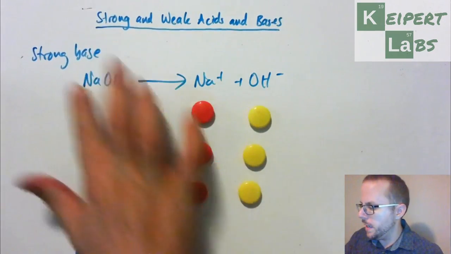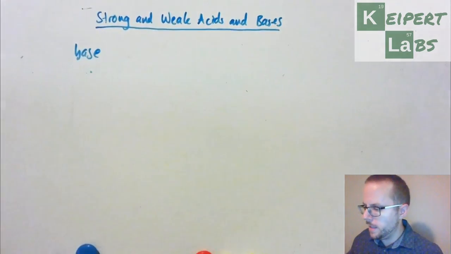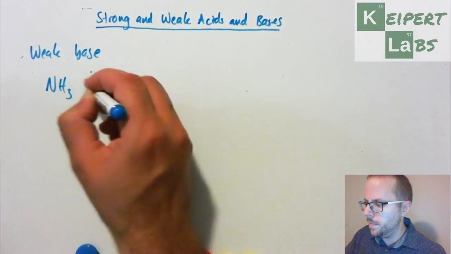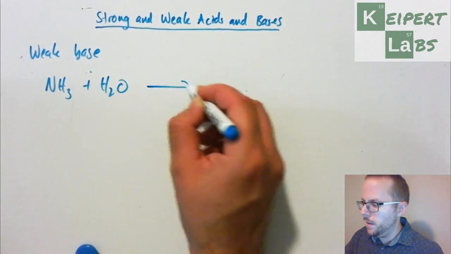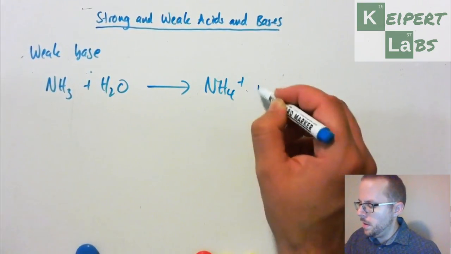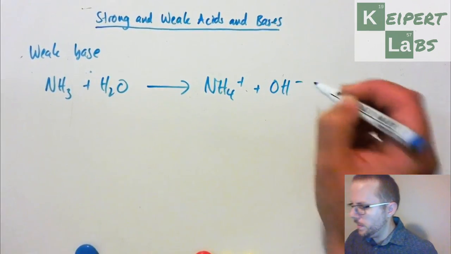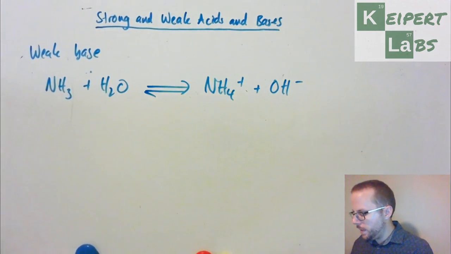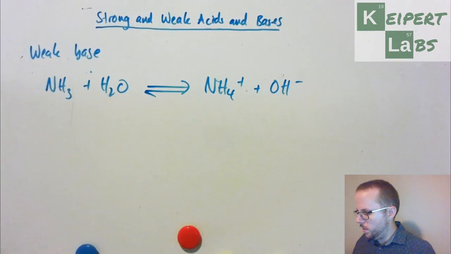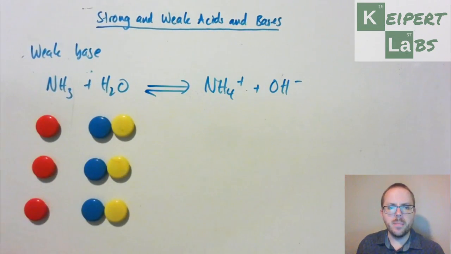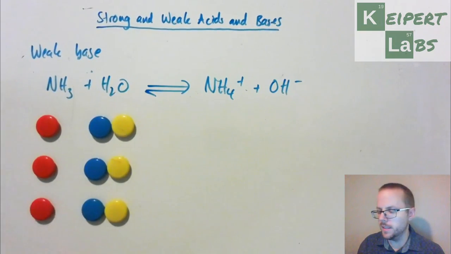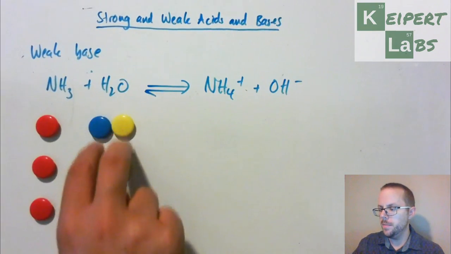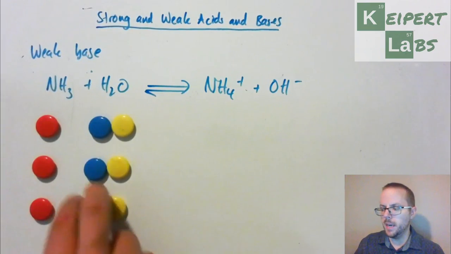Whereas if we look at an example of a weak base, a classic example would be ammonia reacting with water to form ammonium and hydroxide. And this is, like all weak things, an equilibrium. So when we're looking at ammonia being an example of a weak base, I'm going to visualize it very slightly differently. I'm going to show the water molecules as being these two combinations here, and the blue still representing our proton.